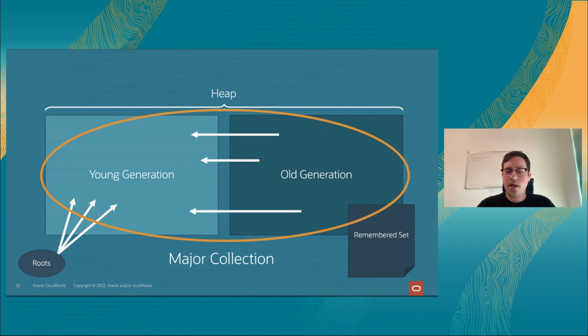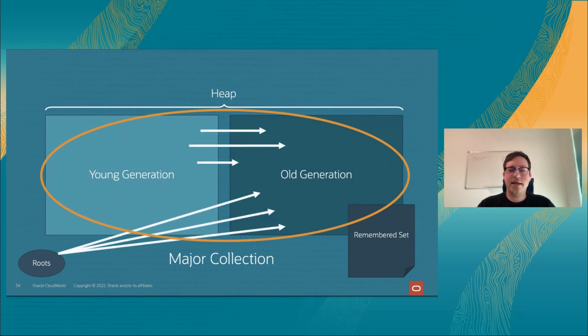The difference here is that while we're tracing through the young generation, we're also remembering all the pointers into the old generation, which become the root set into the old generation. And that allows us to trace all the live objects in the old generation. And once we have finished doing that, we know what objects are garbage in the old generation, and we can reclaim memory.